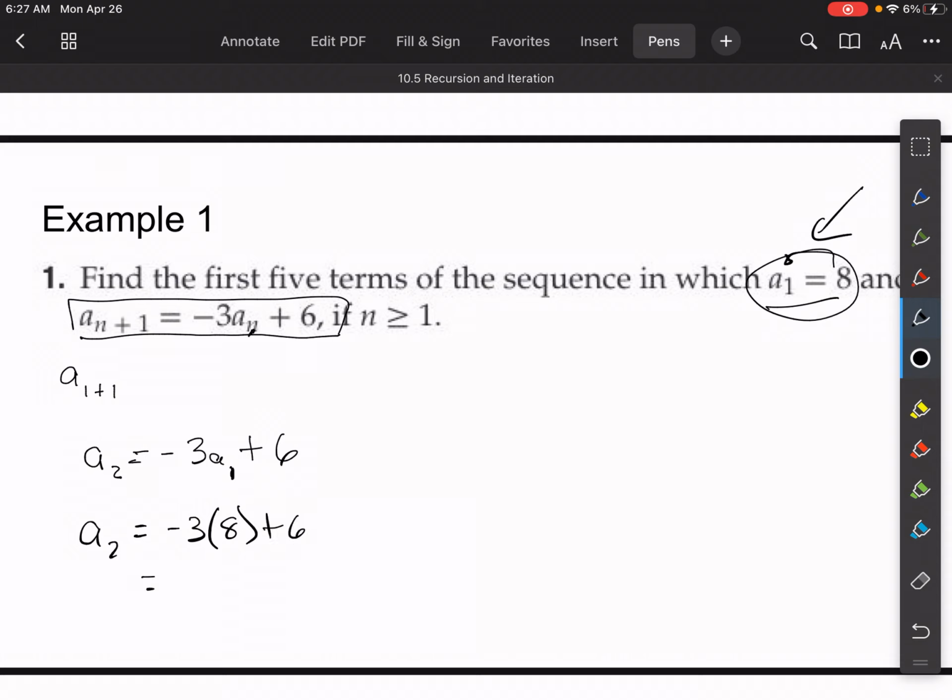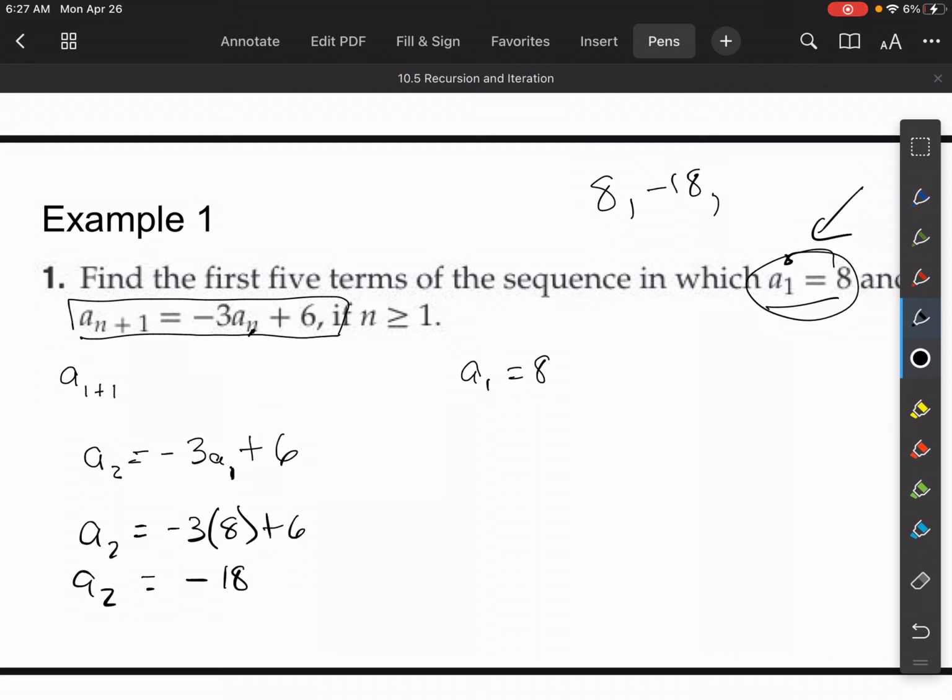If I do that, this comes out to negative 24. Negative 24 plus 6 gives you negative 18. Okay, so a sub 2 is equal to negative 18. We already know that a sub 1 is equal to 8, so we have 8. The first 5 terms would be, let's do this, 8, negative 18.